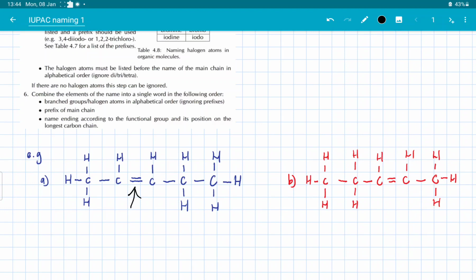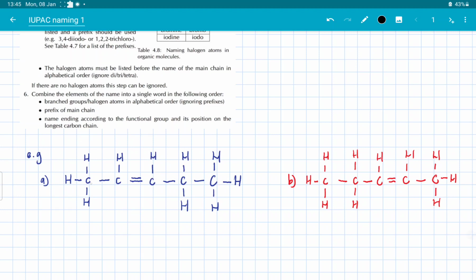If I look at the symmetrical molecule, look at where the double bond is closest to. Is it closest to the left side or the right-hand side? People say left. So that's where we're going to start counting, because it is closest to the left-hand side.